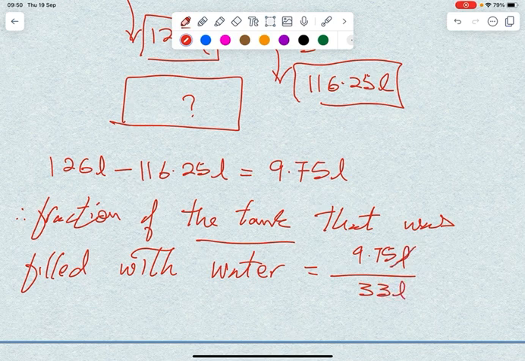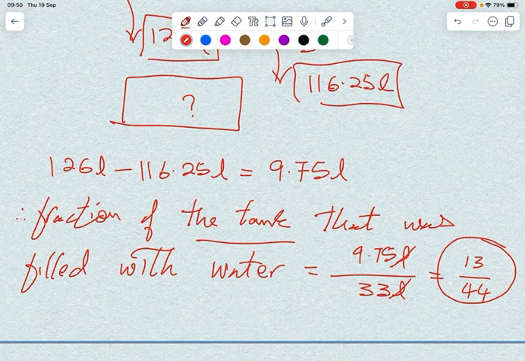L and L cancel off, you will get 13 over 44. This is the fraction of the tank that was filled with water after 30 minutes. All right, done deal. Case closed.